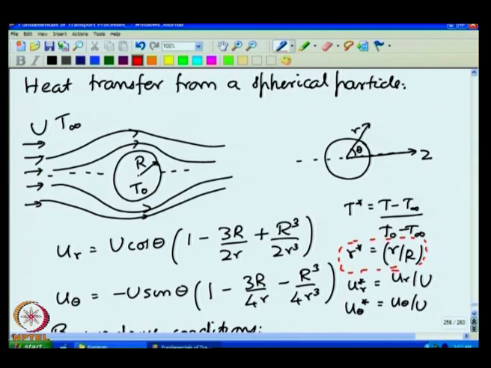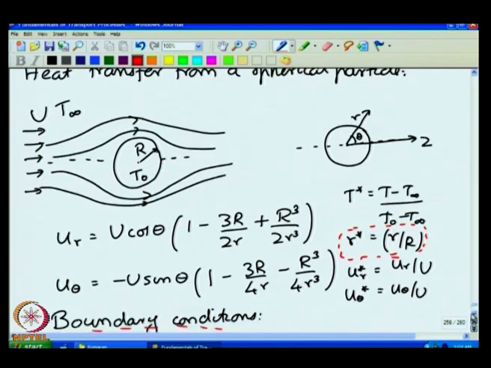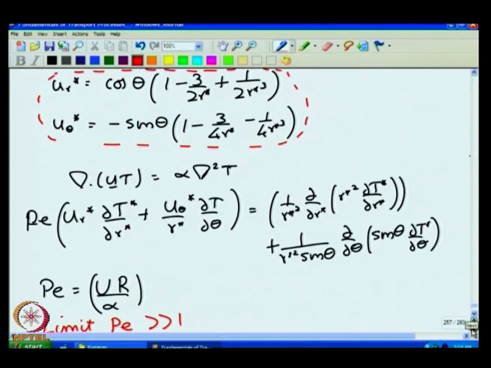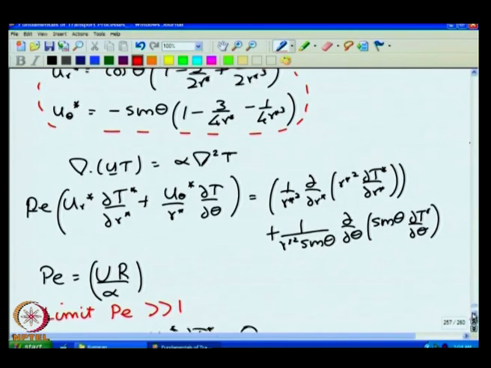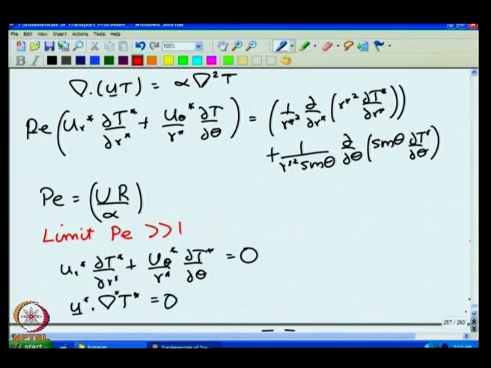We will see it is outside the scope of this course to derive these velocities themselves, but we will assume that these velocities are known, and once these velocities are known, we can then insert them into the convection diffusion equation. Okay. And of course, if you scale the radius by capital R and the Peclet number is large, then you end up with an equation of the form u dot grad T is equal to 0.